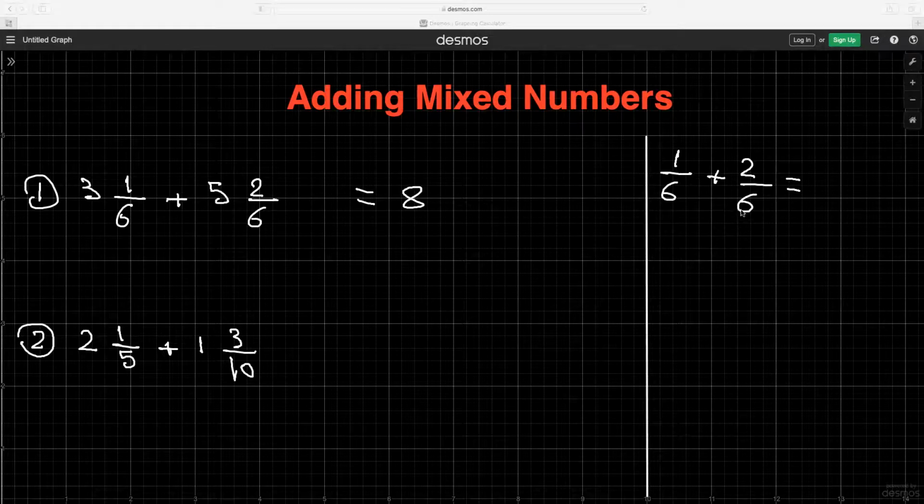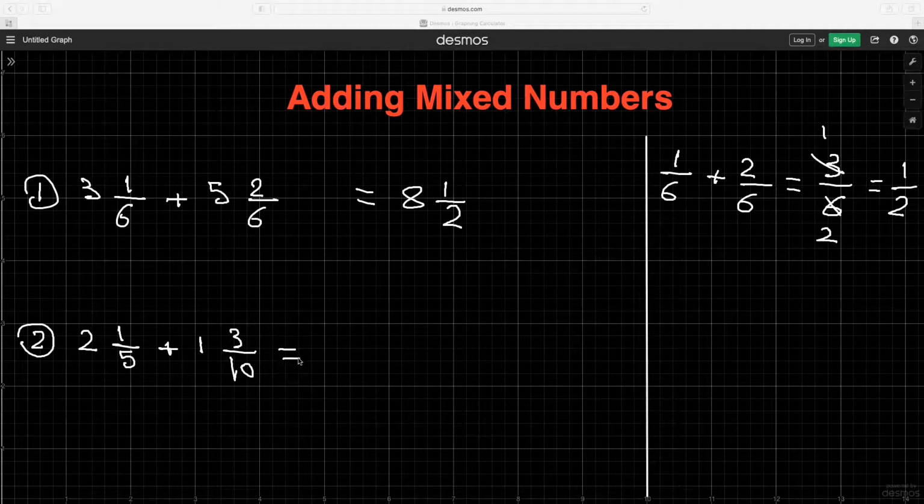Since we already have the common denominator, we just need to add the top, which will be 3, and then you want to keep the common denominator the same. And then since it can reduce, it will be 1/2 because 3 divided by 3 equals 1, and 3 divided by 6 equals 2. And then we'll just stick the half right beside the 8.